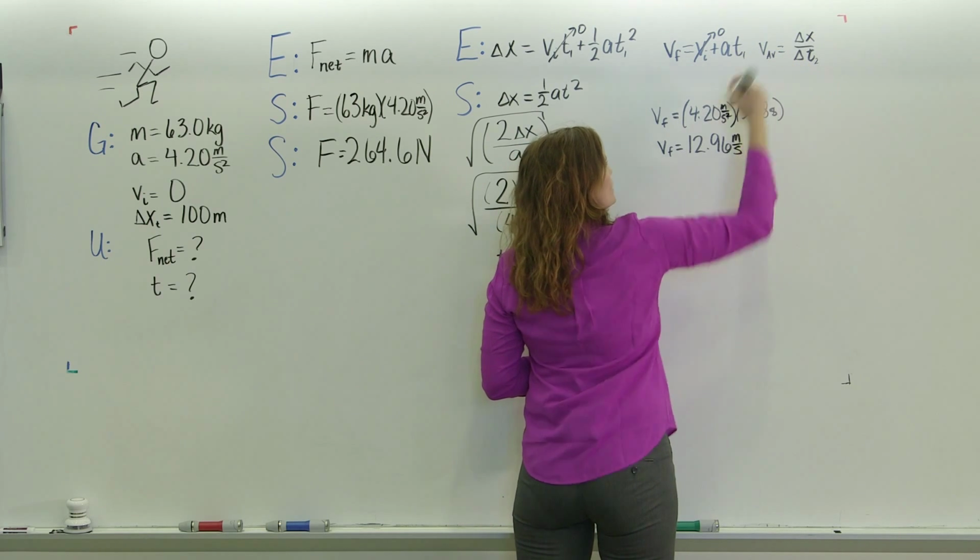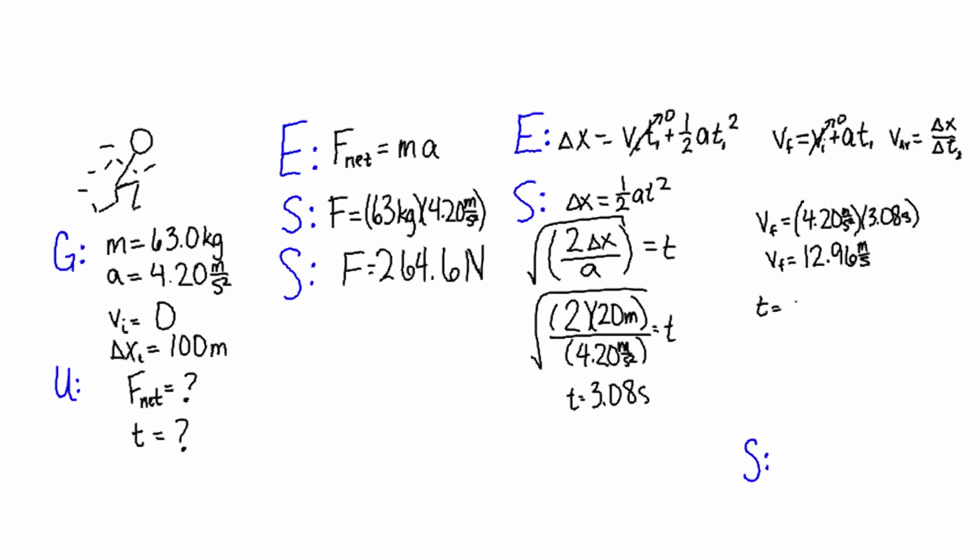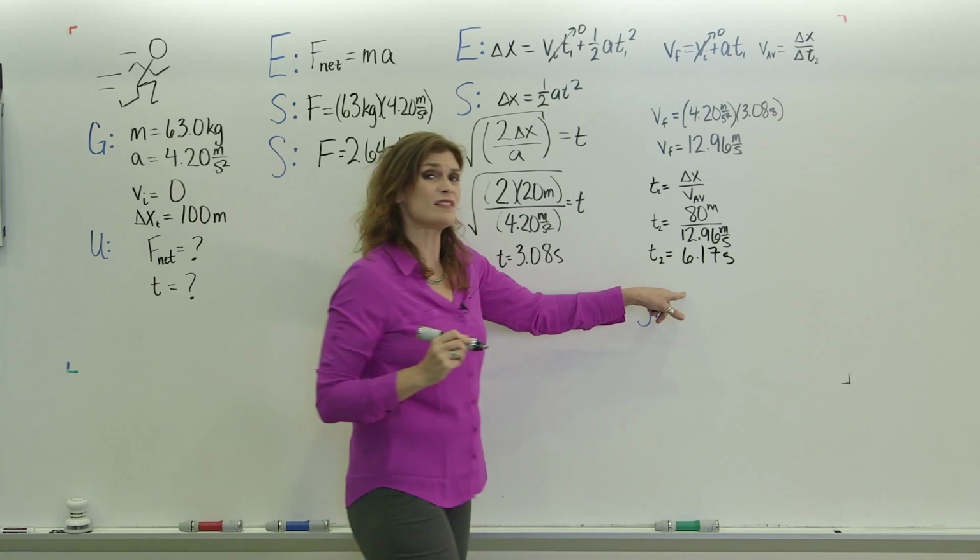If you switch these, you get time is equal to delta x divided by average velocity. 80 meters divided by this, put it into your handy dandy calculator, and you get that the time for the last 80 is 6.17 seconds. And that makes sense, right?